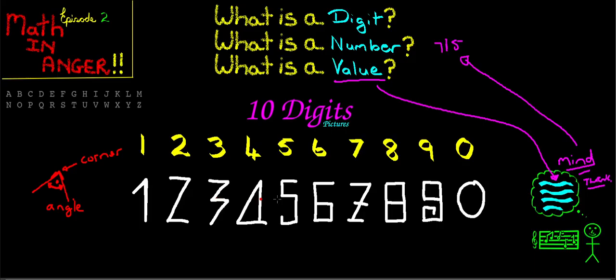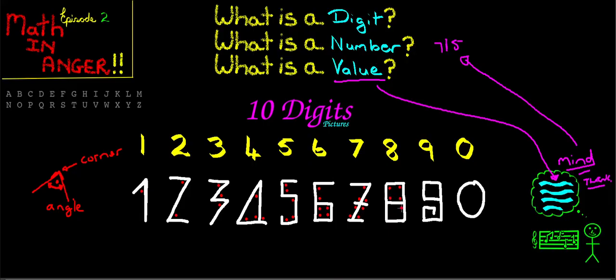Now take a look at this. How many angles are in each of these pictures? Do you see that each one of these letters represent the thing you are supposed to think about when you read them? Count these dots.